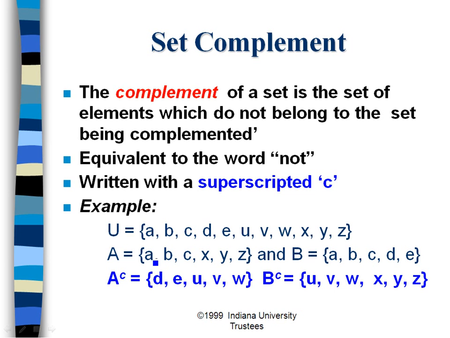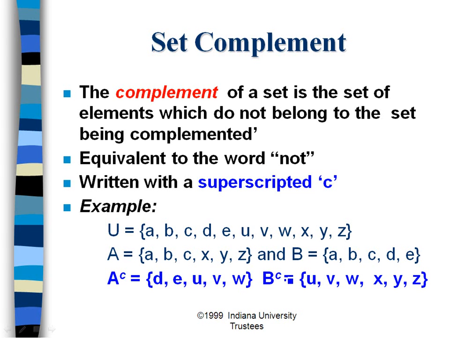Okay, so we have the A, we have the B, we have the C. We're missing the D, so A complement would be D, E, U, V, W, because it does have the XYZ part. So again, that's why they have A complement equals the set where the elements D, E, U, V, and W are in.